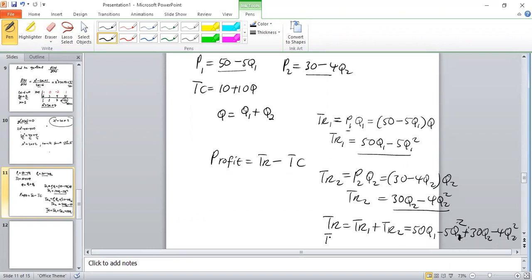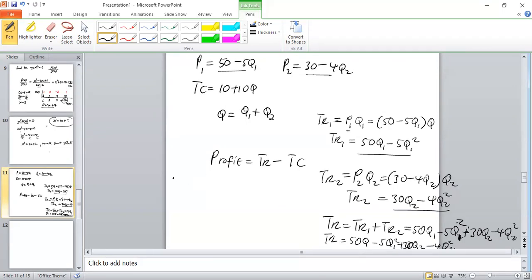So otherwise, total revenue is given as 50Q1 minus 5Q1 squared plus 30Q2. Why am I writing 3 instead of 30? 30Q2 minus 4Q2 squared.